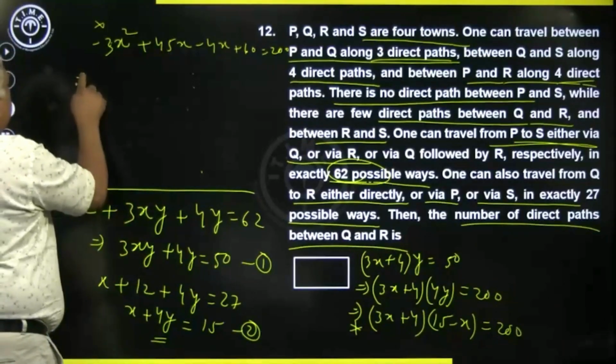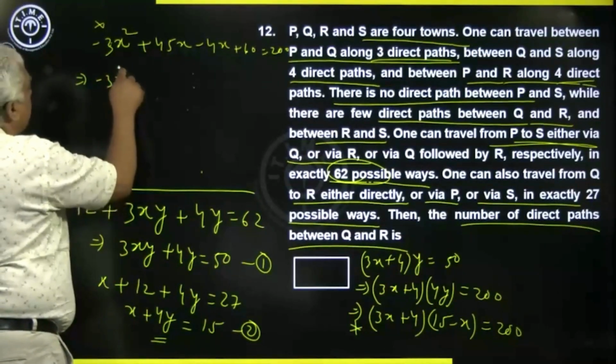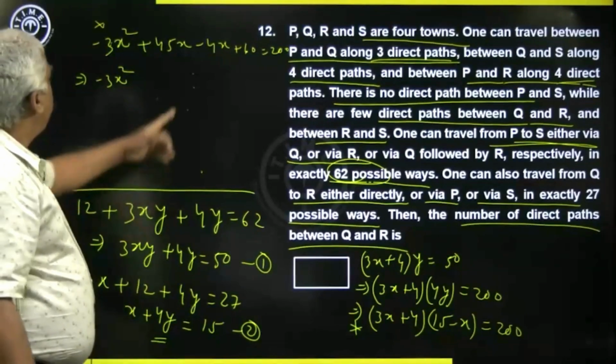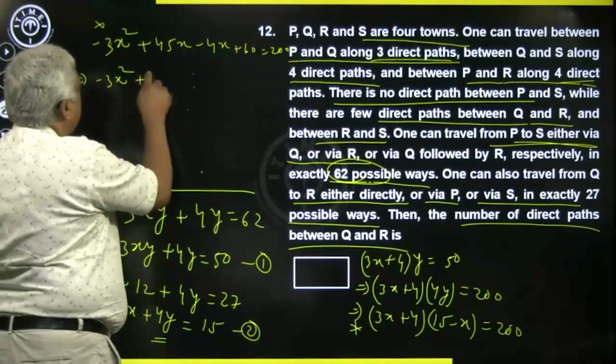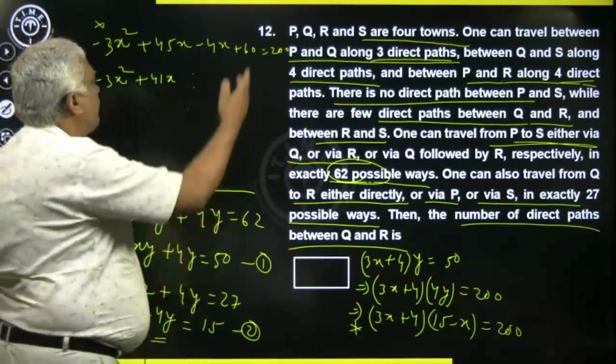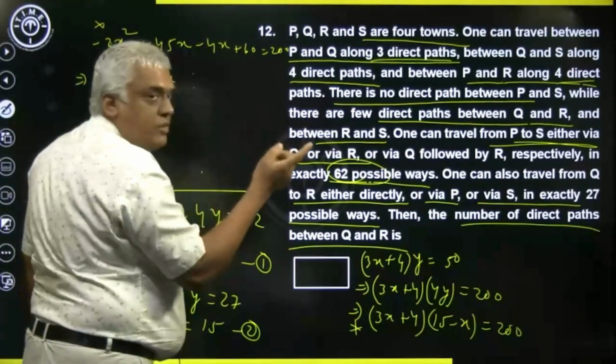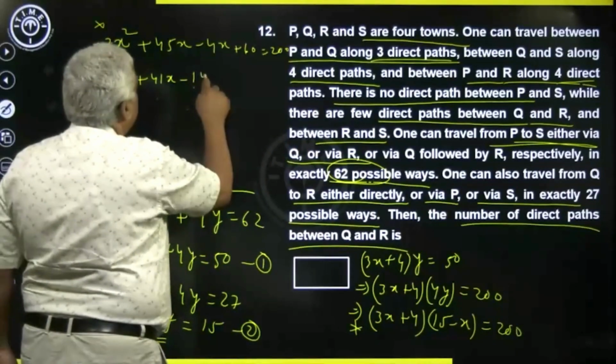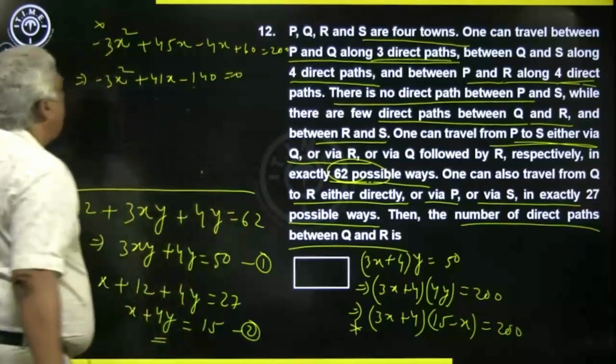So, basically this is minus 3x square, 45 minus 4x is plus 41x, and let's bring 200 this side. So 60 minus 200 is minus 140 equal to 0.